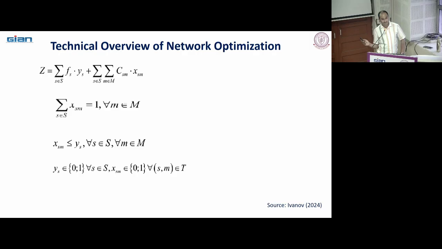First is the opening facility. What is this term? What could be this F of S? Factory opening cost, fixed cost to open that. F of S. What is this Y of S? Any idea? What kind of decision variable? Binary, 0 or 1. What is next?